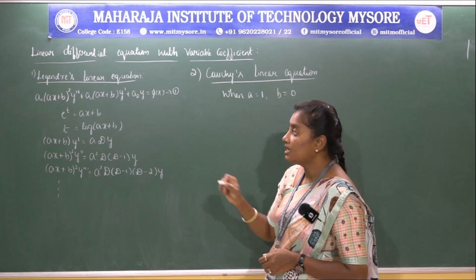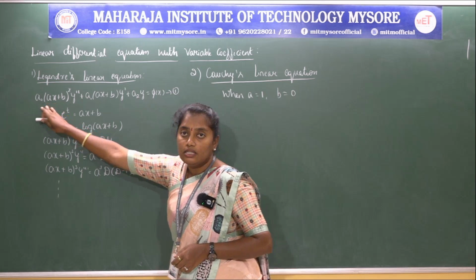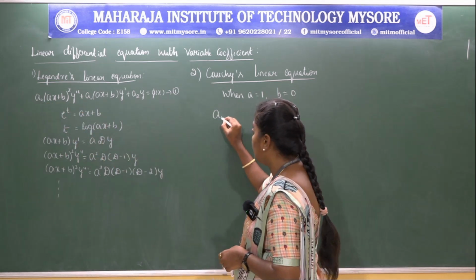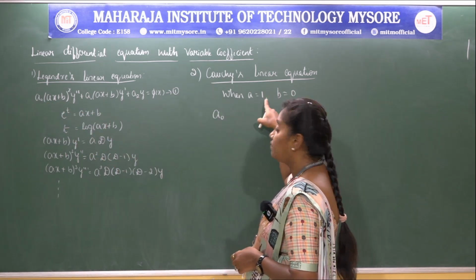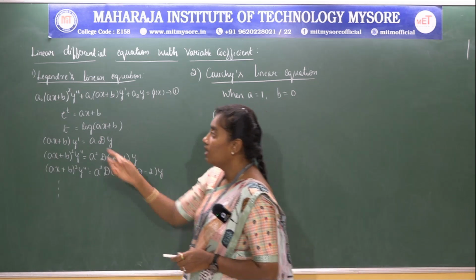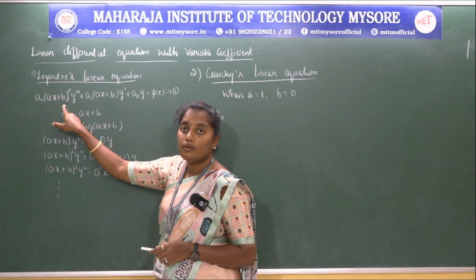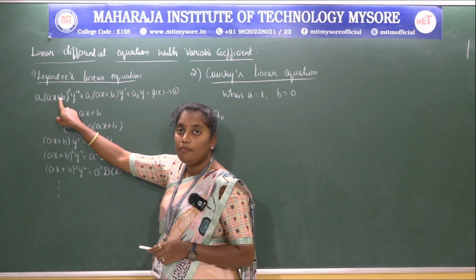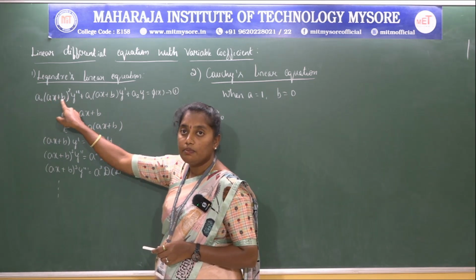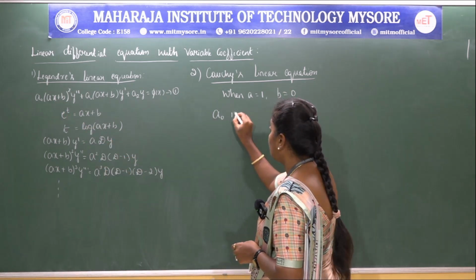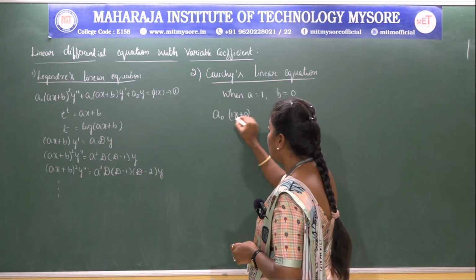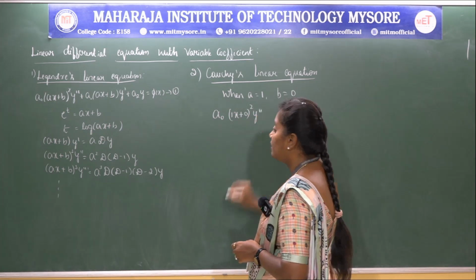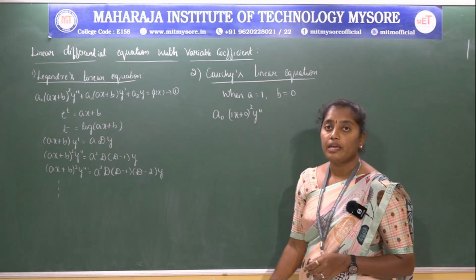Then what is the resultant equation here? Here a naught is the constant element. On substituting a is equal to 1 and b is equal to 0, the value of the variable coefficient is (1 into x plus 0) whole square, times the second derivative of y with respect to x.